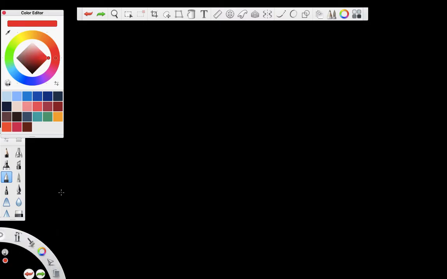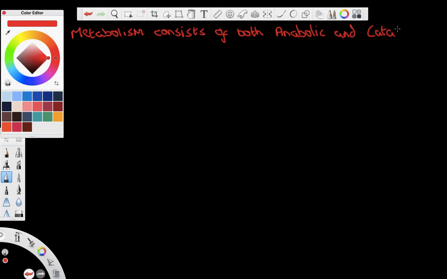But we're going to put in red that metabolism consists of both anabolic and catabolic reactions. So metabolism consists of both anabolic and catabolic reactions.